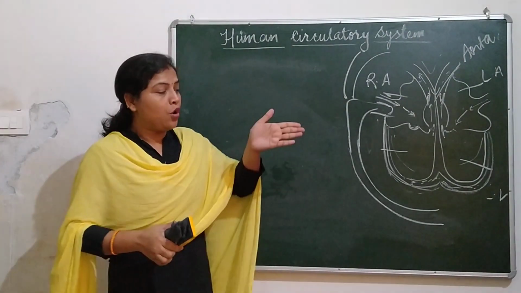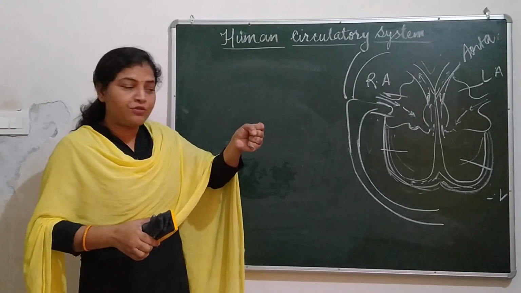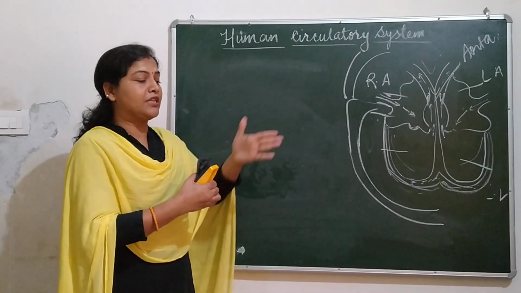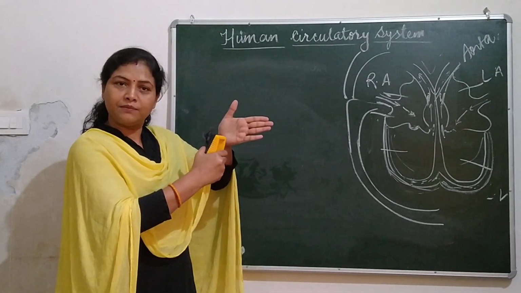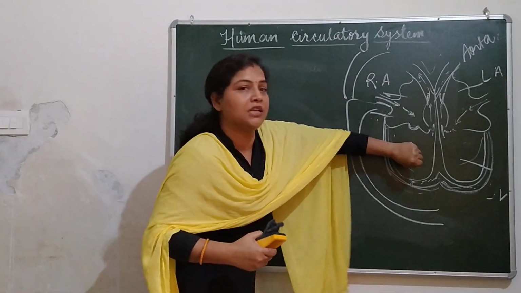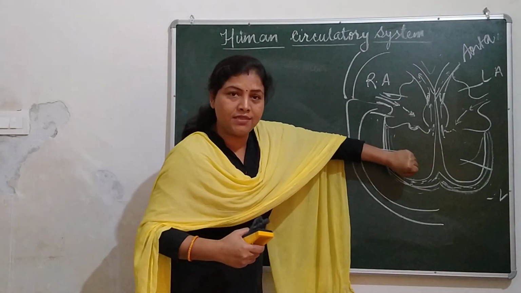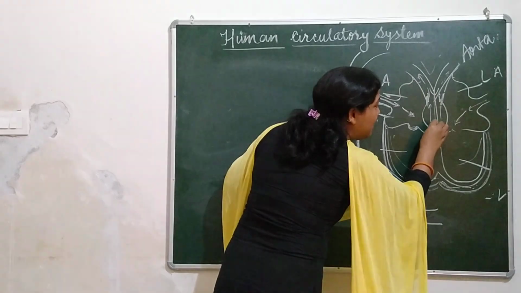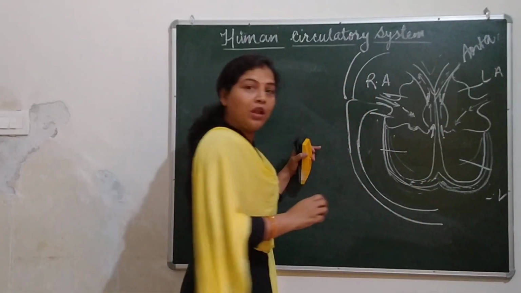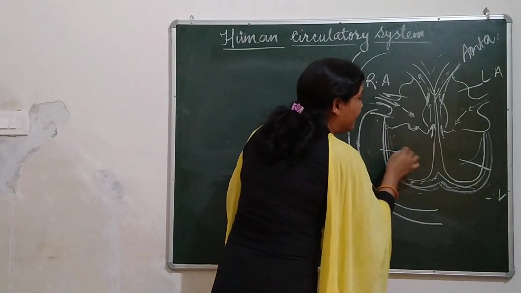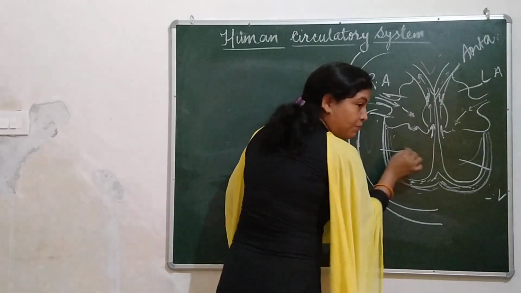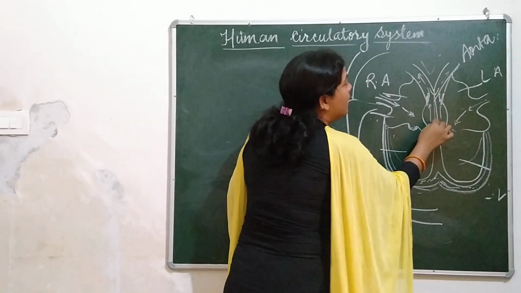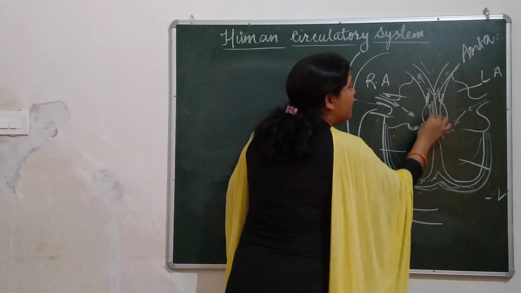As I have told you, once the auricle constricts and then opens, the ventricle constricts. So when the ventricle squeezes its blood, the same blood goes to this semilunar valve. Can you see the valve here? Through this valve, the impure blood goes very fast.